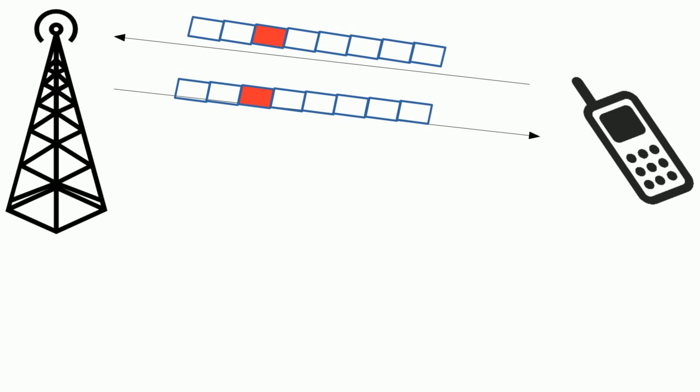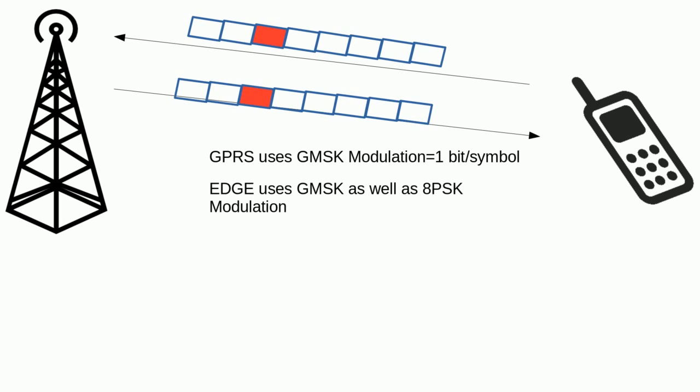First of all, assume that one time slot is allocated to this mobile station in the uplink and in the downlink. Now, in the case of GSM or GPRS, the mobile using one time slot in the uplink and one in the downlink will use the GMSK modulation scheme, in which we can send 1 bit per sample.